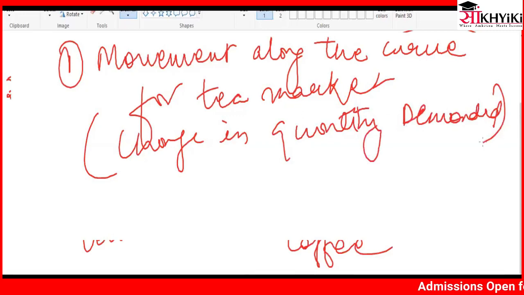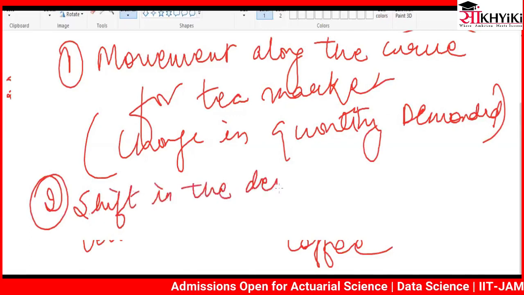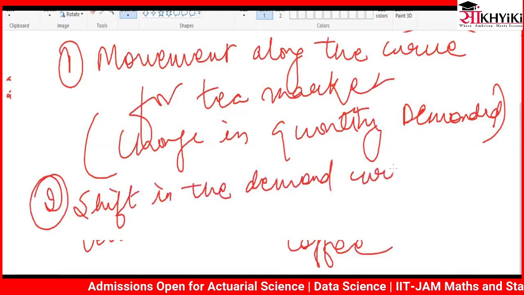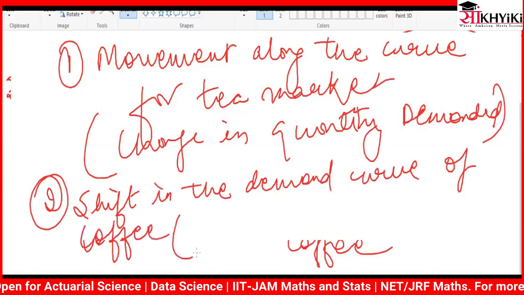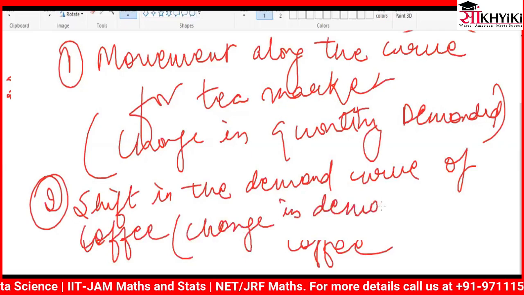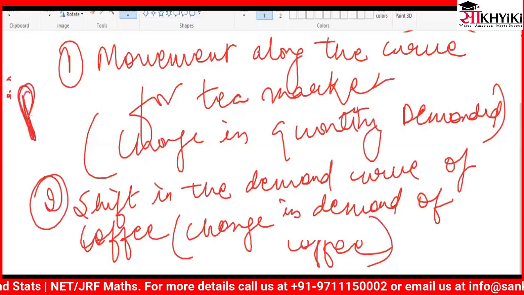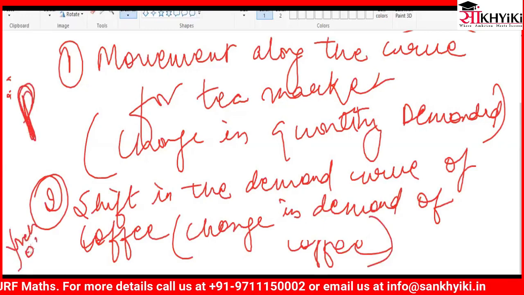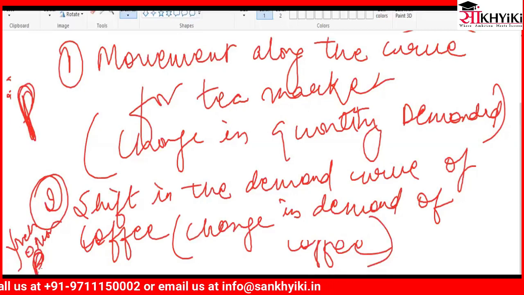And at the same time, there is a shift in the demand curve of coffee, in brackets, change in demand of coffee. This is due to price and this is due to a factor other than price. So this is the complete mechanism of how it takes place.